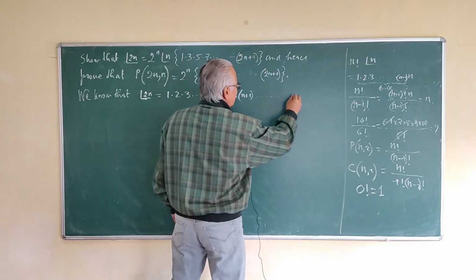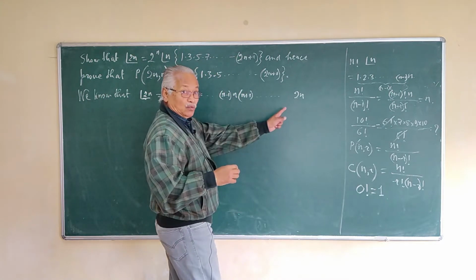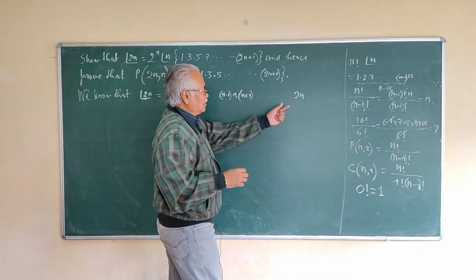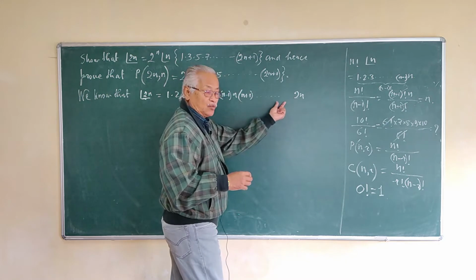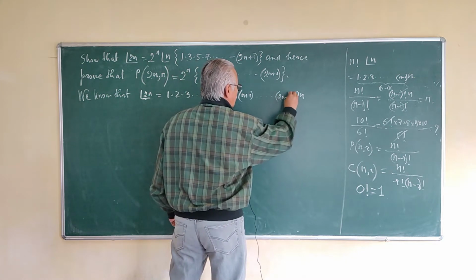So twice n will be the last factor, but before twice n, you are going to have a number which is 1 less than twice n. That is twice n minus 1.